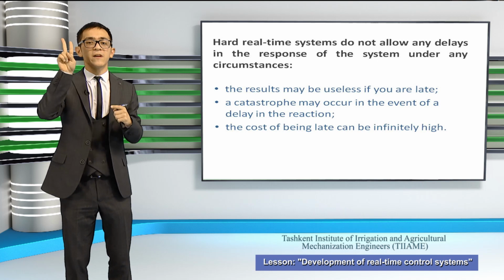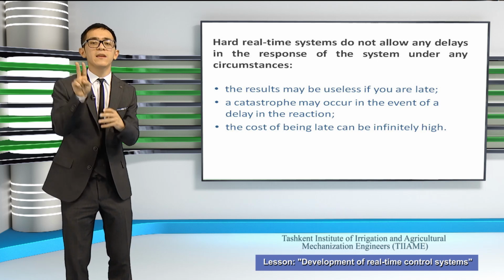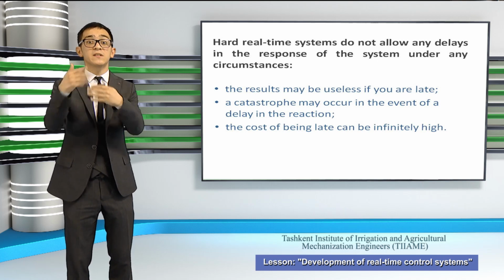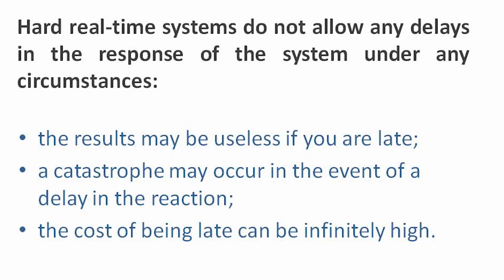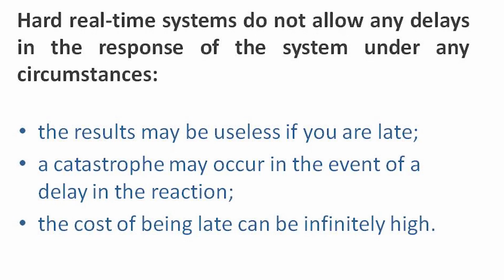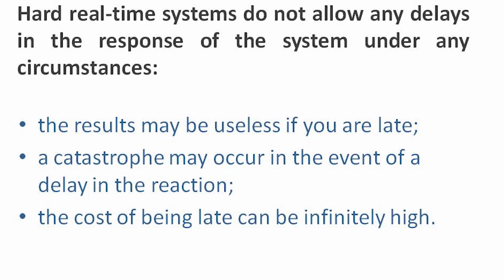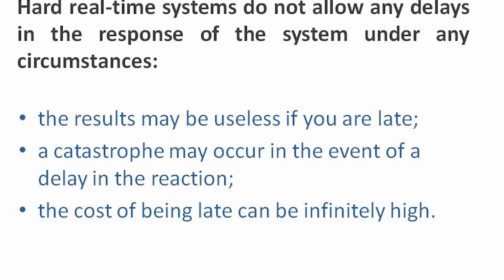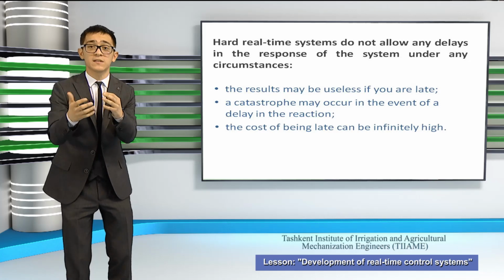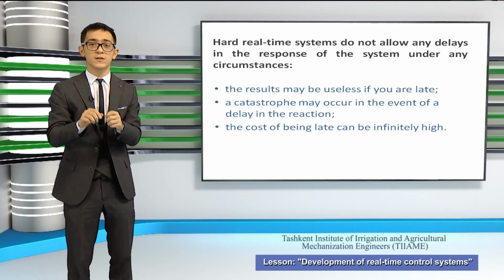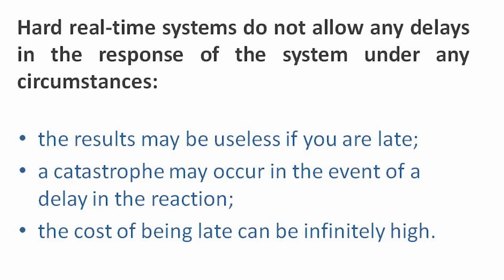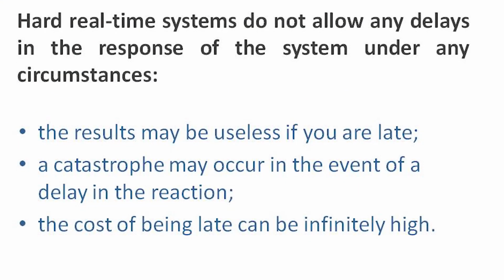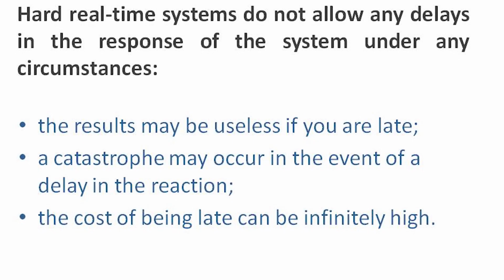Second, if you delay the process, sometimes the process doesn't need it, so we give quality to our technology process. And the third one is that if you have any accident, you will detect it first and try to stop the process. At the same time, you save your employees.